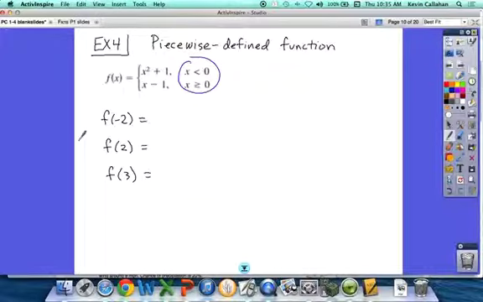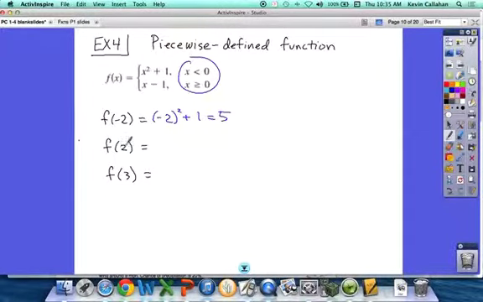So, for example, f of negative 2. Which formula would I use? There's x squared plus 1. Well, negative 2 is less than 0, so use that one. Negative 2 squared plus 1. How about f of 2? Which formula can I use? X minus 1.